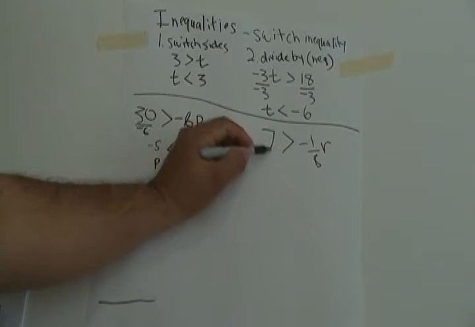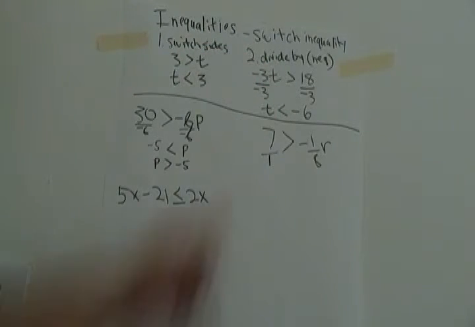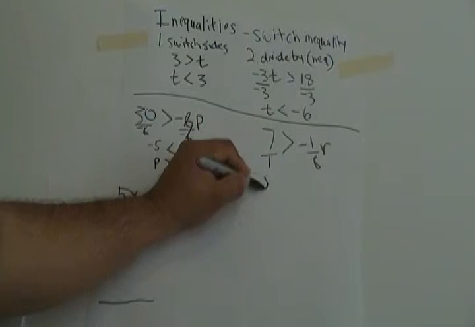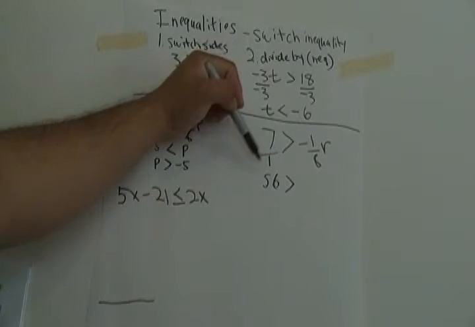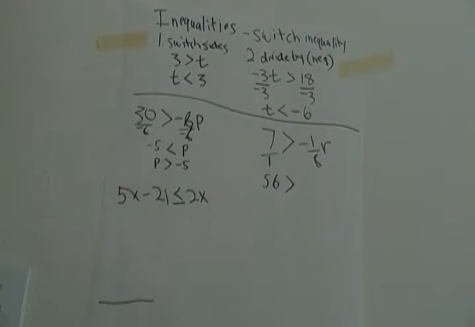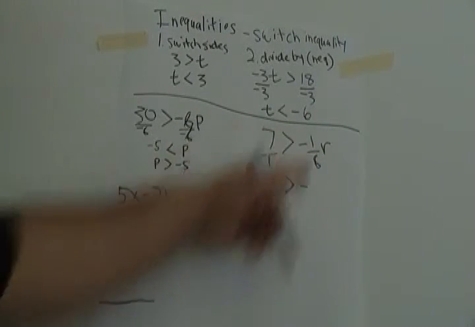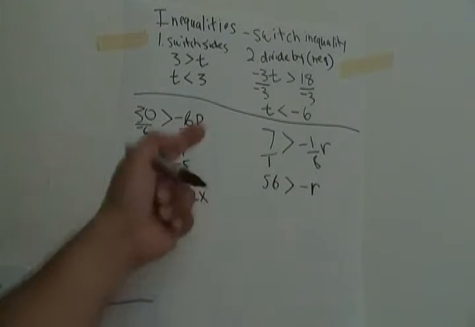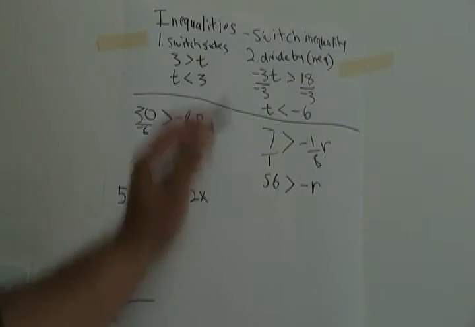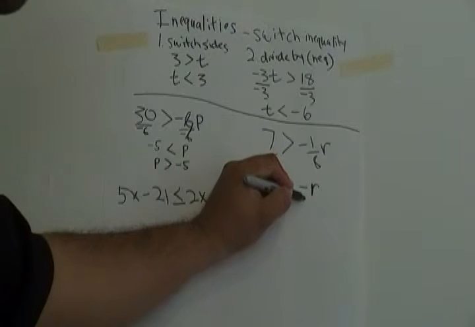So we can say that 7 is 7 over 1, and we cross multiply. 7 times 8 is 56, so we have 56 is greater than or equal to, now what's 1 times negative 1r? 1 times negative 1 is negative, and that's negative r. So we have 56 is greater than or equal to negative r. Now we want to get rid of the negative. Remember, we divide by negative 1, not by 56. We divide by negative 1 on both sides to get rid of the negative.